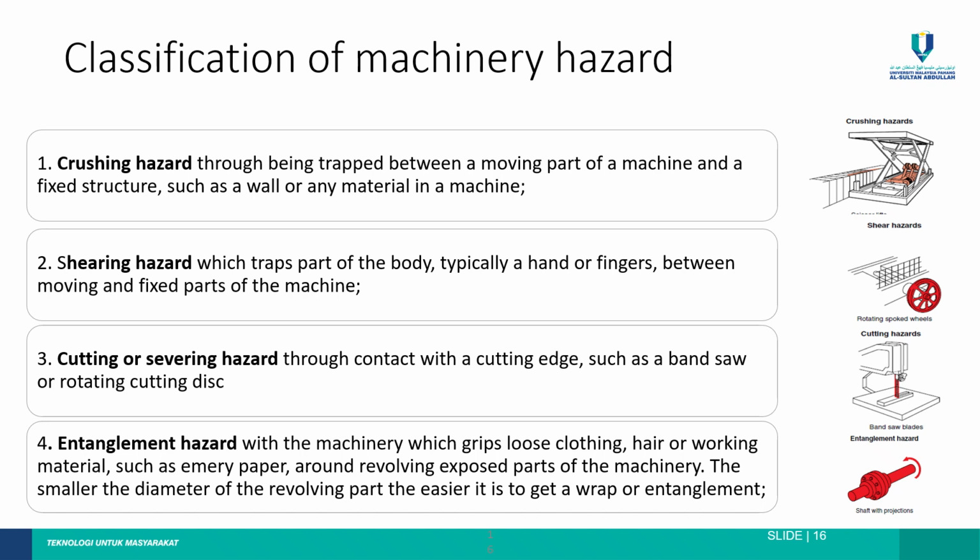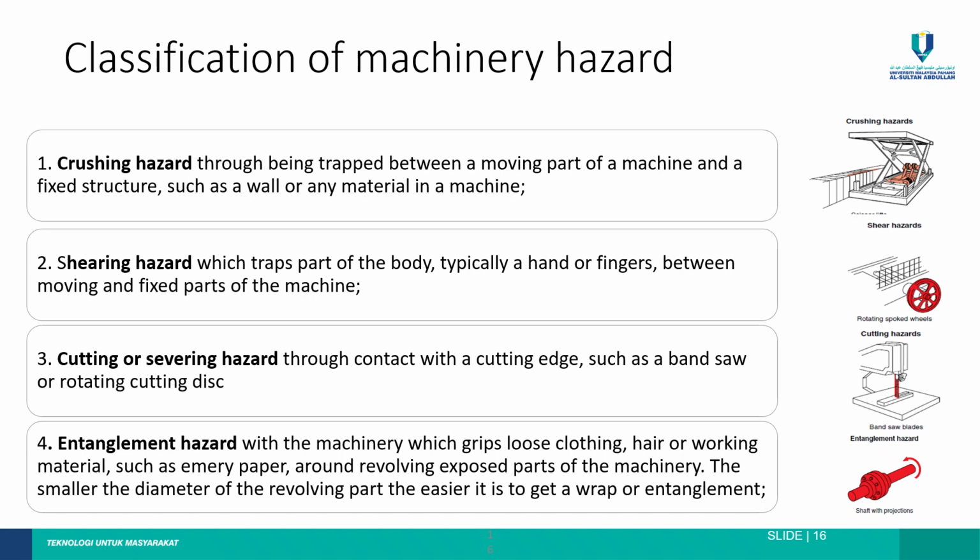The scarier part is when you go to any market where they are cutting chicken using bandsaw blades. We are afraid that if they are not very careful, they could cut their hand or fingers when using it. It is one of the scarier parts of cutting chicken, beef or other meat in the market.